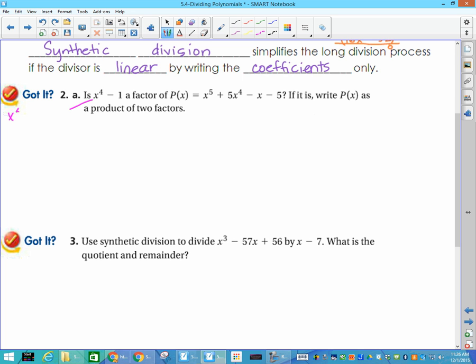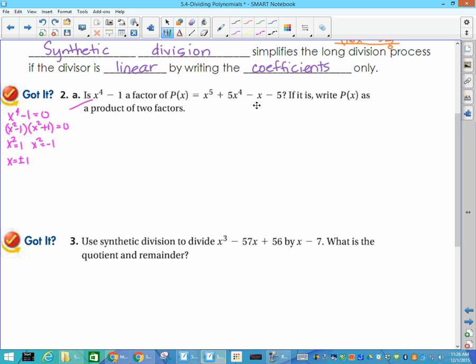For x to the fourth minus 1, I need to figure out what zeros that gives me. That's x squared minus 1 times x squared plus 1. And so that means x squared equals 1 or x squared equals negative 1. So what I'm trying to figure out is x equals plus or minus 1.